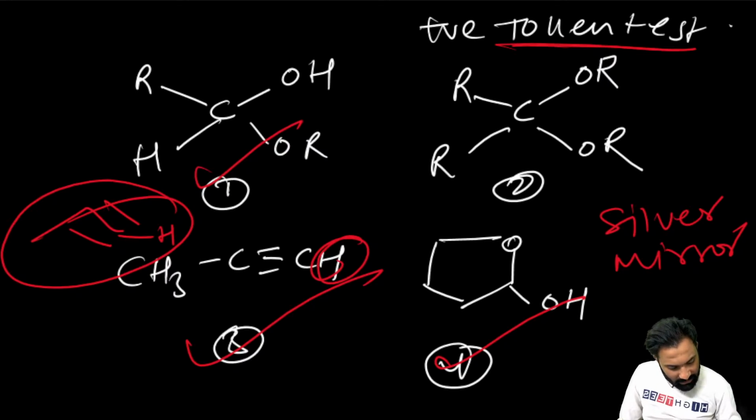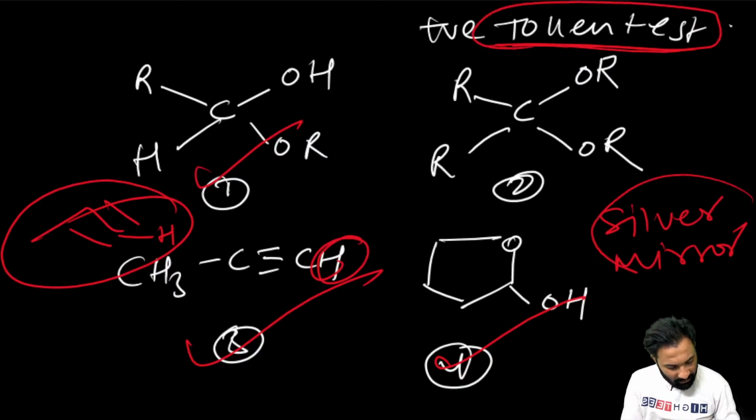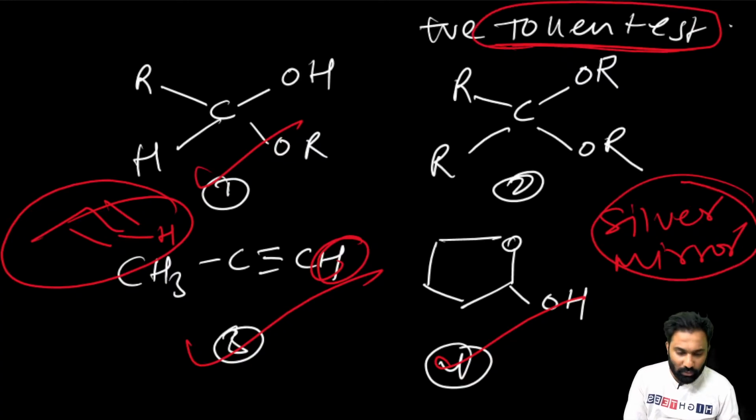Tollens' test and silver mirror test are both the same: ammoniacal silver nitrate. If they ask about the Tollens' reagent silver mirror test, you only have to cross check for the aldehyde. Now the Tollens' test means you have to cross check for acidic hydrogens.